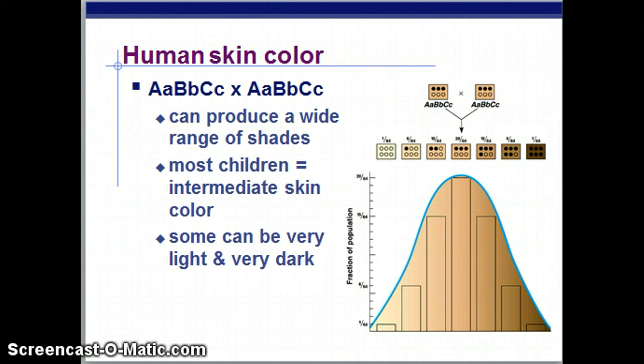Depending on how those combine, you can have all of the genes inherited be recessive. This would be a very light color. Ranging depending on how many dominant alleles the offspring inherit, up to this complete dominant, so they all get big A, big B, big C, and this is what you get with the darker skin tones.